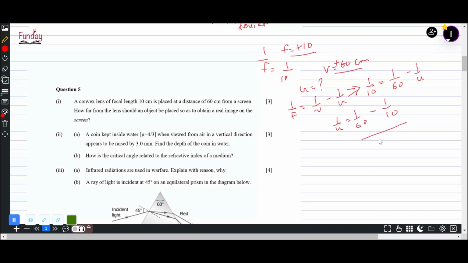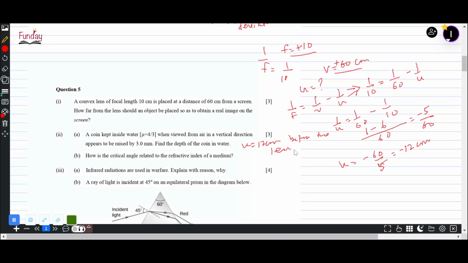We take the LCM, which is 60. 60 ones are 60, 10 sixes are 60. So that is minus 5 over 60. That means u is equal to, reversing it, minus 60 by 5, so minus 12 centimeters. So the object will be placed before the lens at a distance of 12 centimeters.